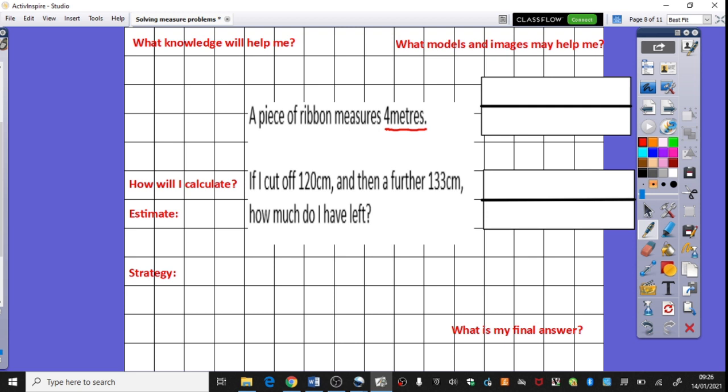If I cut off 120 centimeters and then a further 133 centimeters, how much do I have left? So we've subtracted 120 and then we need to subtract 133. So our 2 steps to our problem is to subtract once and to subtract again.